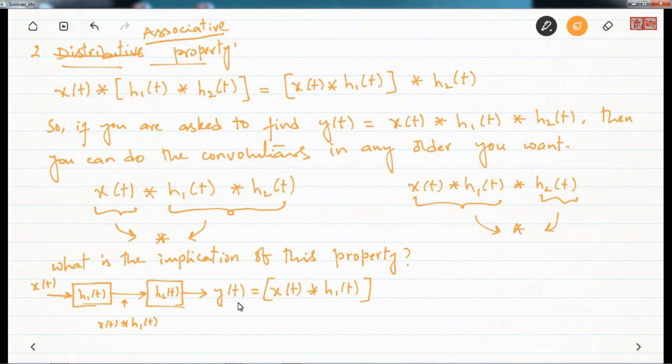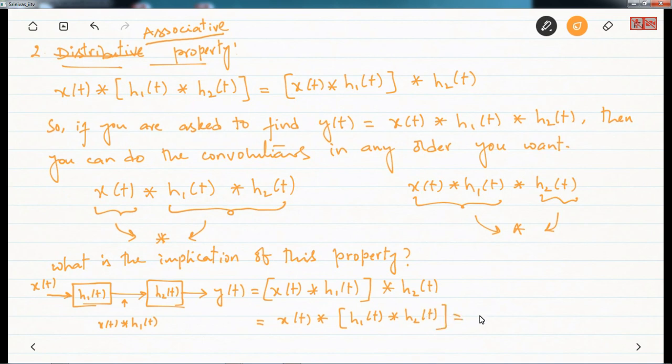So its output y of t is this input signal convolved with h2 of t. But we are saying that this is also equivalent to x of t convolved with h1 of t convolved with h2 of t.